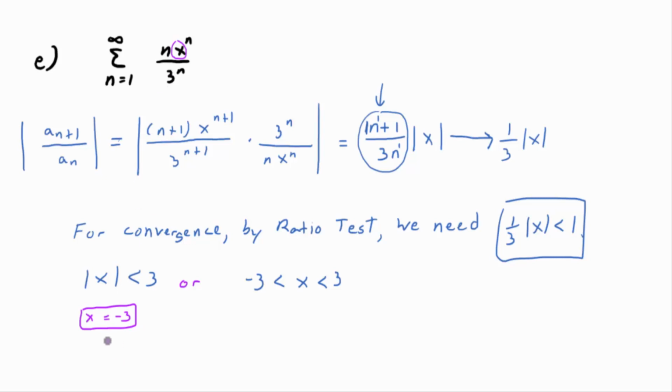So we have the sum n equals 1 to infinity of n times (-3) to the n power over 3 to the n, like that. Well, how does that simplify?